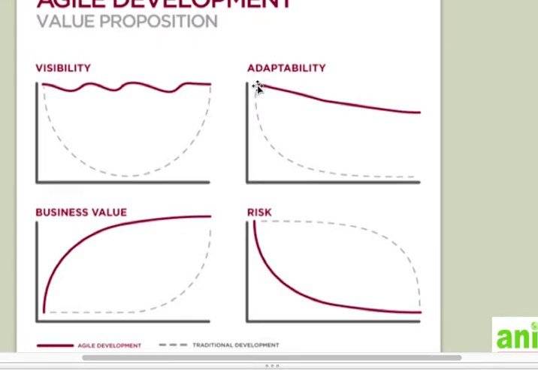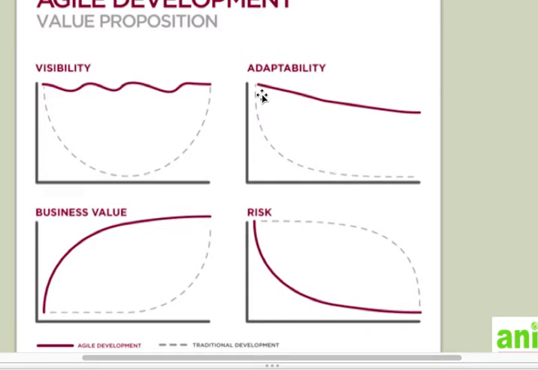Okay, but if you see that in traditional, adaptability dips down very drastically and stays very low. So it means that changes to the solution at a later stage are more difficult. So it is not very adaptive or flexible.